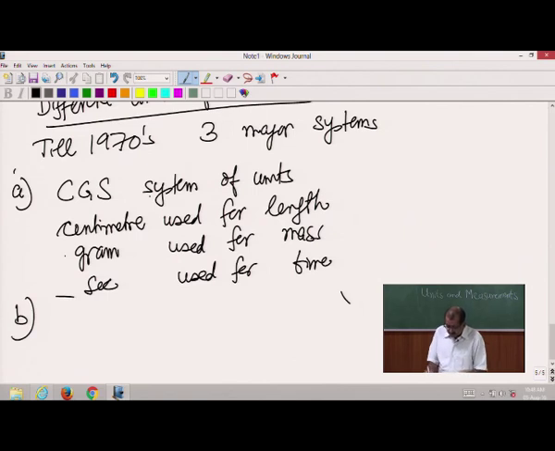Then there was another set of units which was very popular, and this is referred to as the FPS system of units.